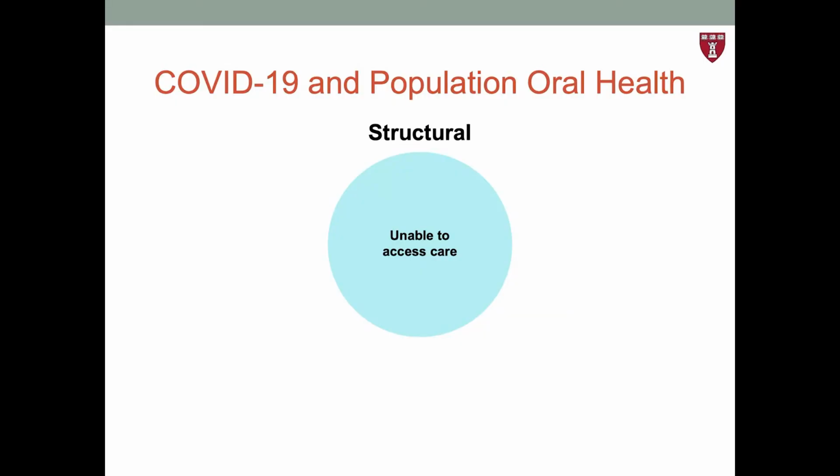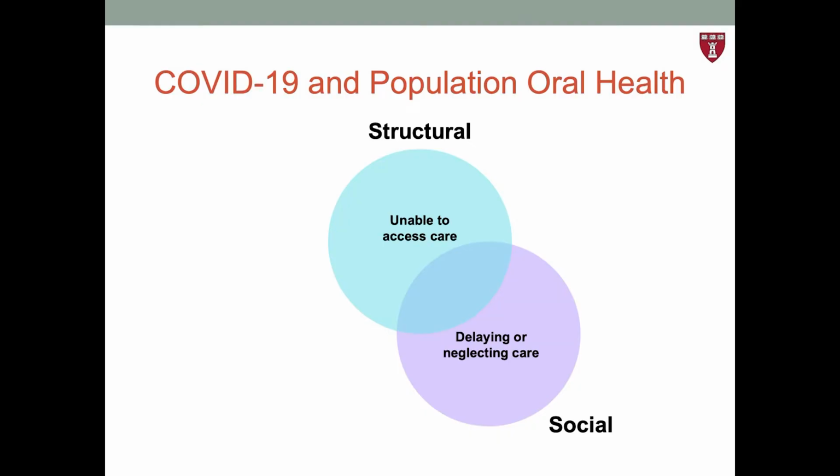Dentists were also forced to decrease patient capacity and space out appointments. This, in combination with backlogged dental work from lockdown, made it very difficult to find available providers. Additionally, patients avoided or postponed dental appointments out of fear of being infected with COVID-19.